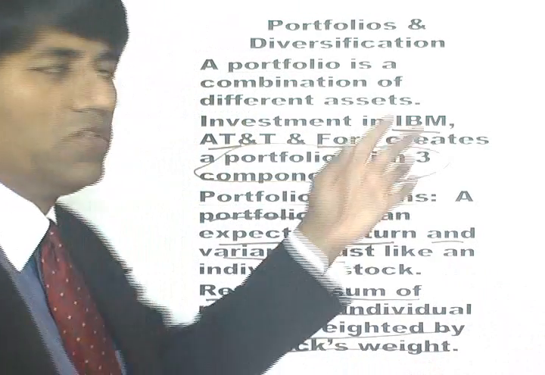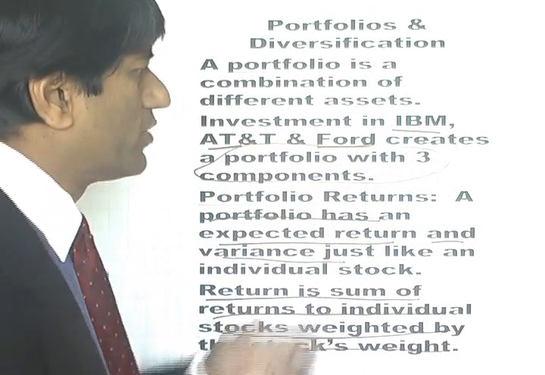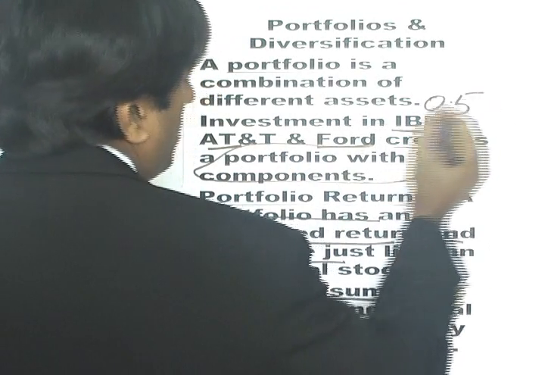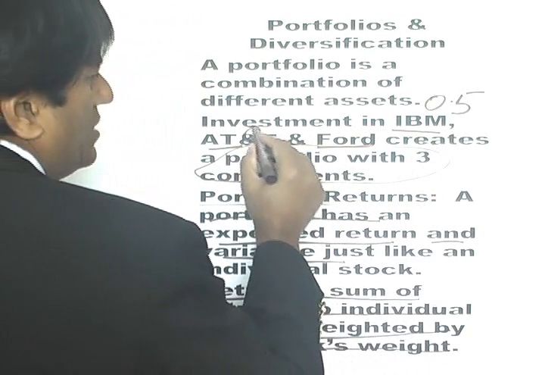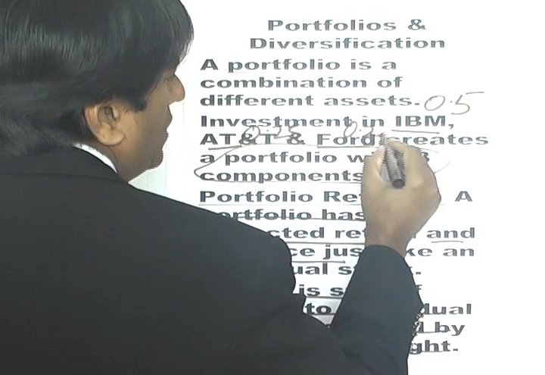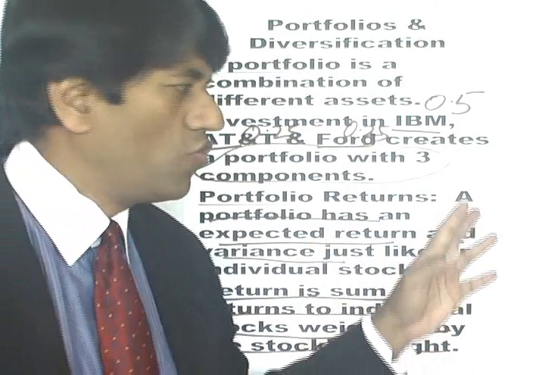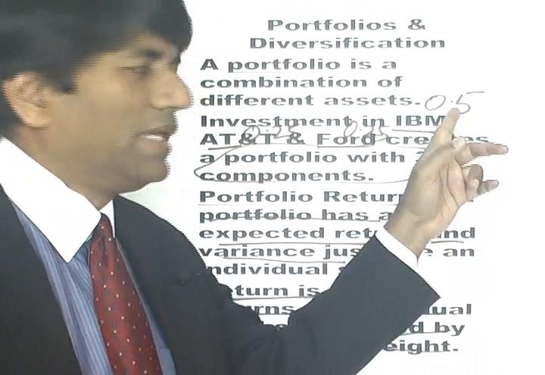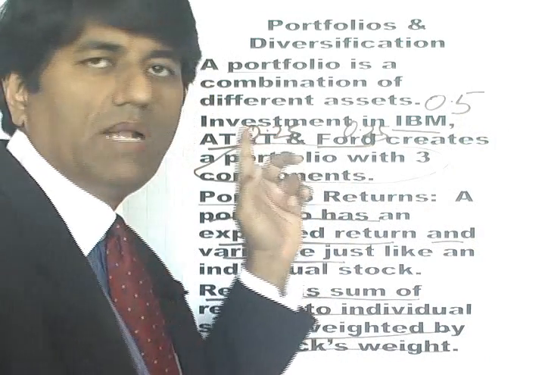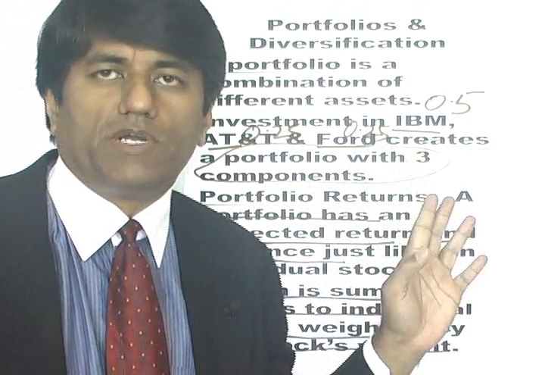For example, if you invest half your money in IBM, a quarter in AT&T, and a quarter in Ford, then the weight for IBM would be 0.5, the weight for AT&T would be 0.25, and the weight for Ford would be 0.25. And the return to the portfolio will be 0.5 multiplied by IBM return plus 0.25 multiplied by AT&T return and 0.25 multiplied by Ford return.